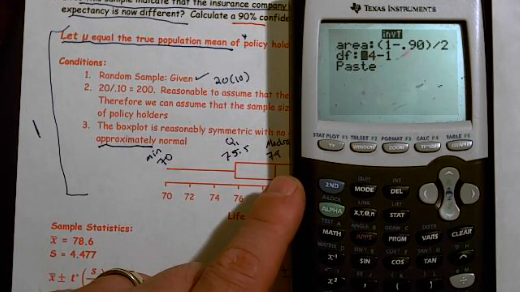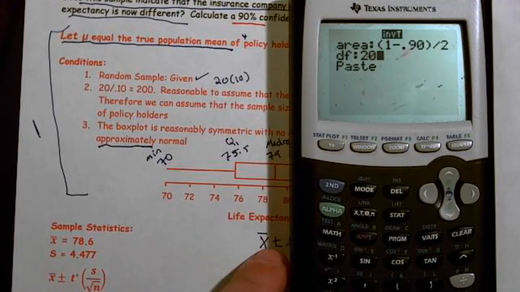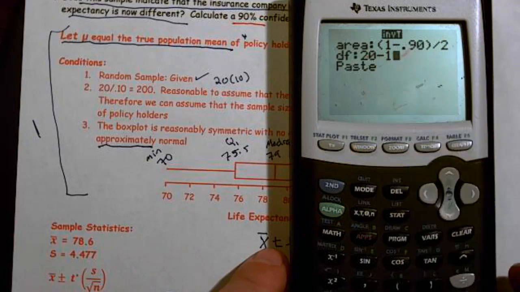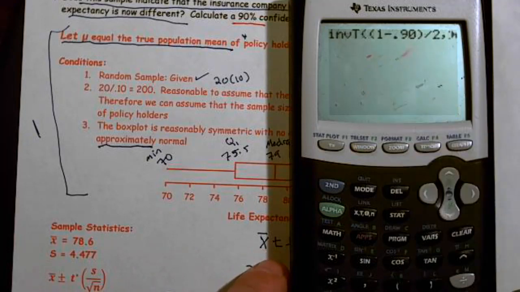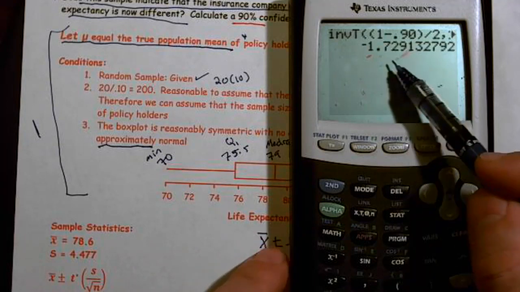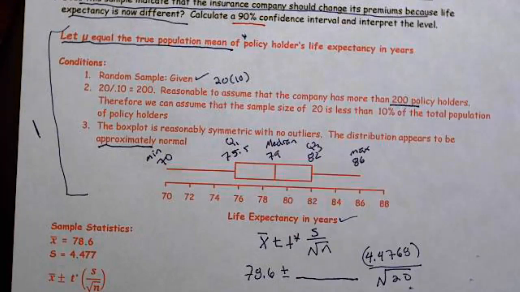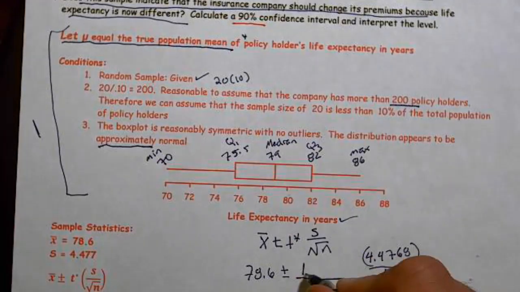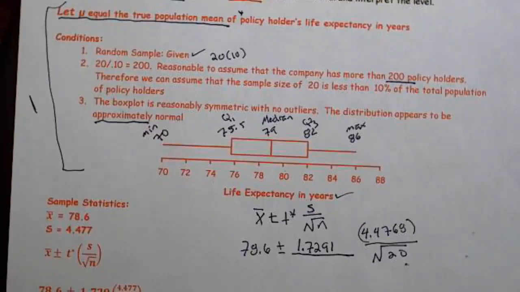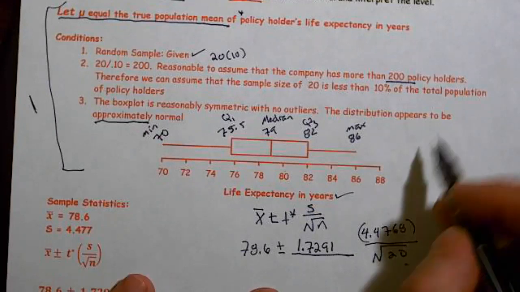And my degrees of freedom is 20 minus 1, because my sample size is 20, so n minus 1. It's going to take a moment while it calculates, and I get 1.7291. And so that right there represents my T star. Notice I made it positive, it makes it much easier.